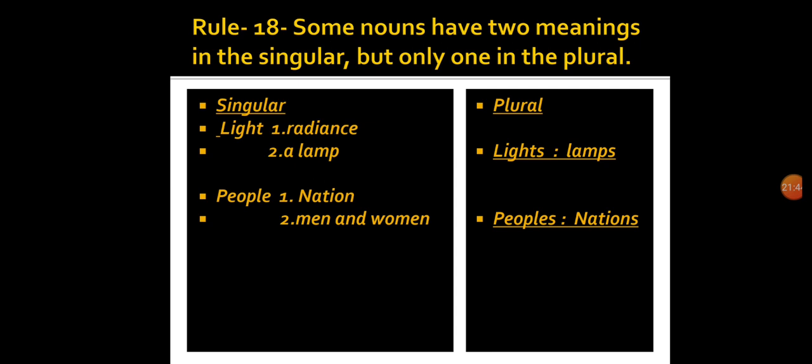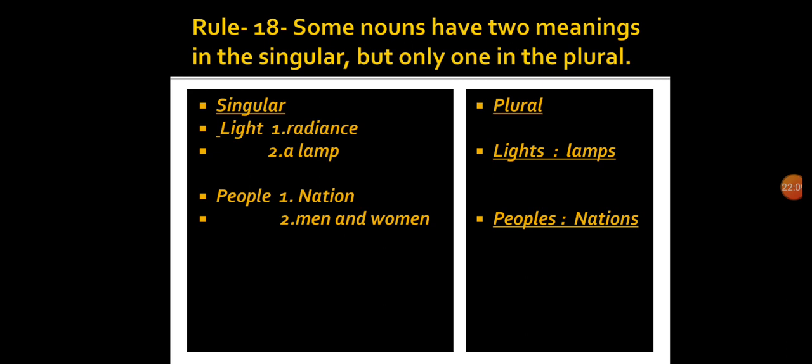Now come to rule 18. Some nouns have two meanings in the singular, but only one in the plural. See some examples. Here is the word light. Its one meaning is radiance and its second meaning is lamp. But its plural form is always lights for lamps.